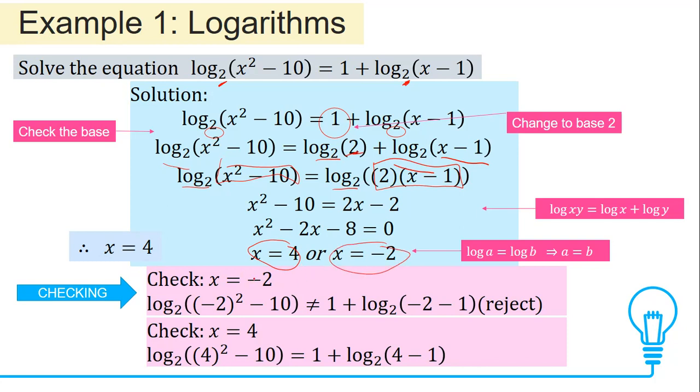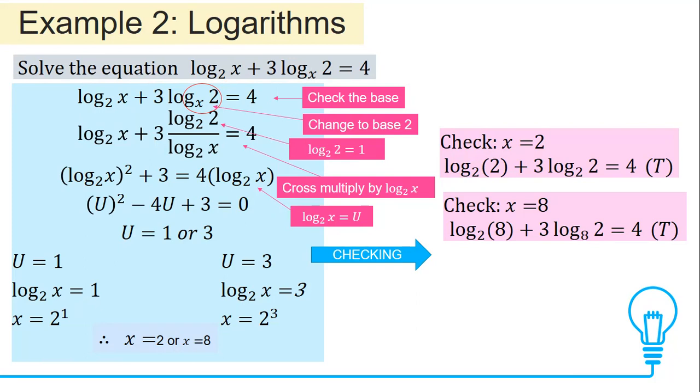If we check x equals minus 2 and substitute it in, the answer is a log of a negative, which is invalid. So x equals minus 2 is rejected. Now we try x equals 4 and you get the answer. So we only have one answer, x equals 4.